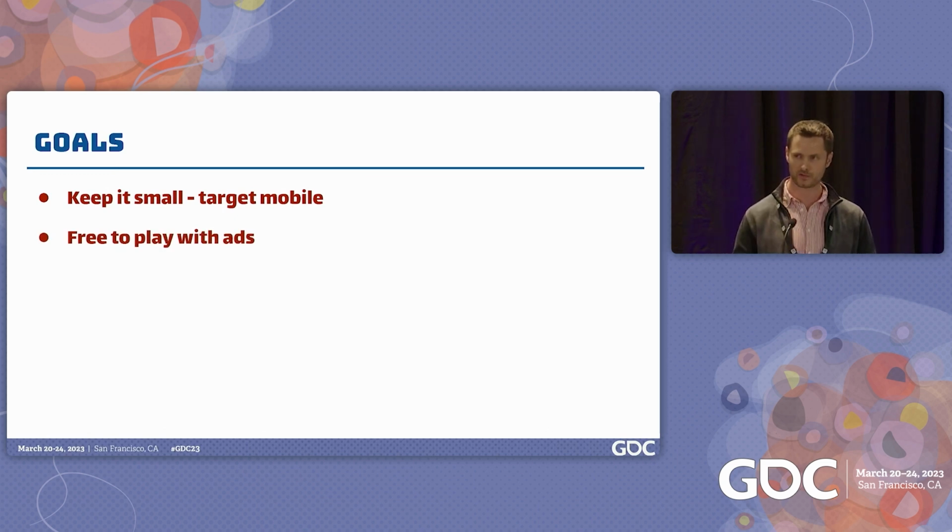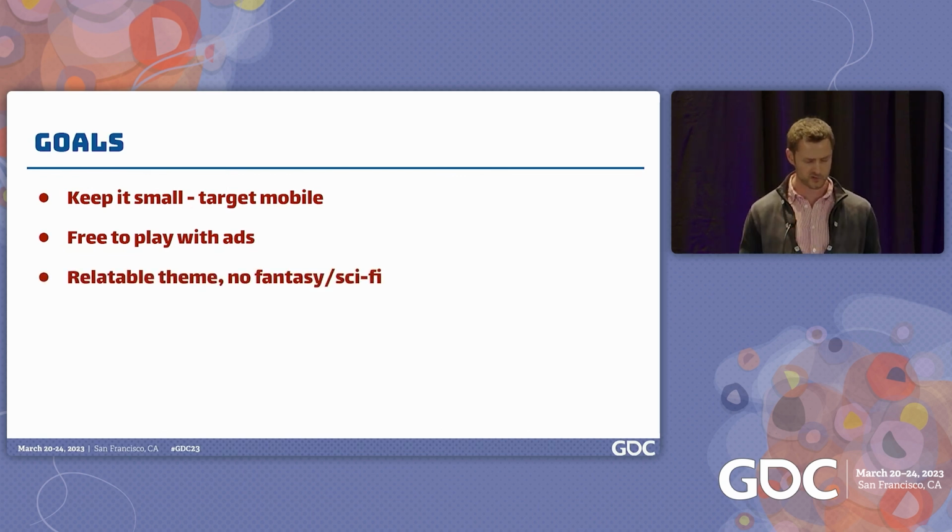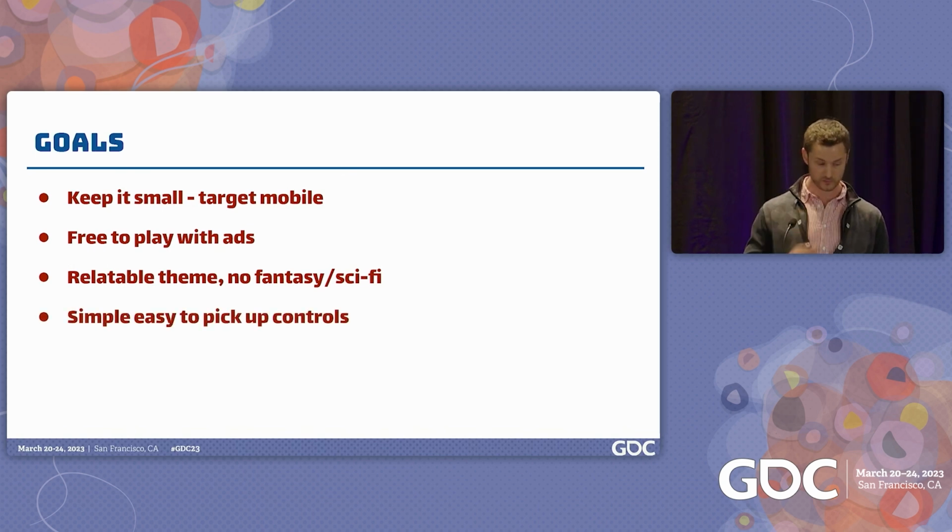I also thought I'd make a free-to-play game because I had a little bit of experience at this, working at a small indie studio at one point. I also wanted something with a very relatable theme, so I didn't want anything fantasy or sci-fi. I wanted something very grounded, to appeal to a wide audience. And I wanted very simple and easy to pick up controls. This was really important to me.